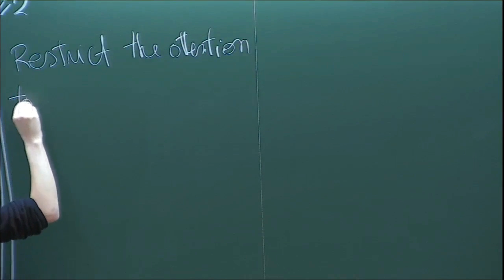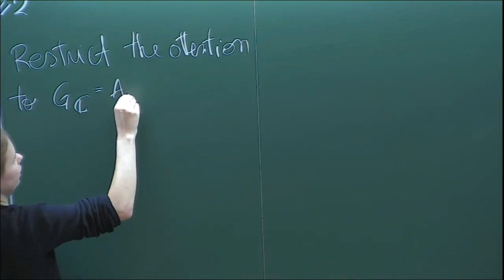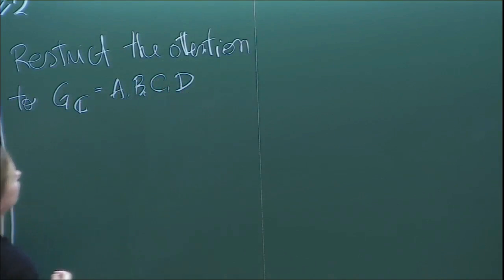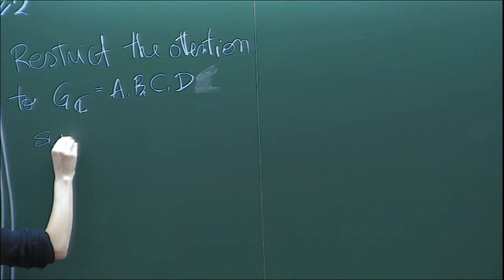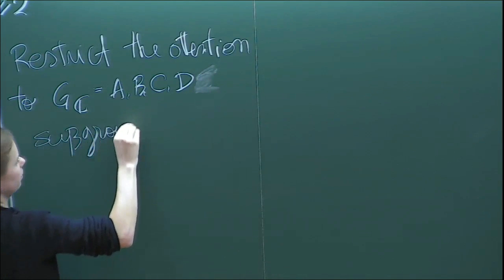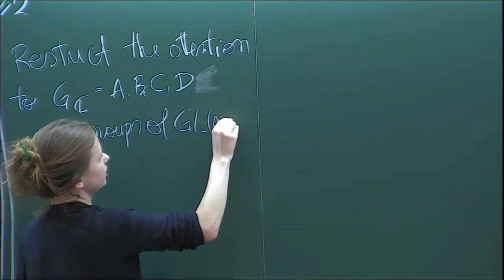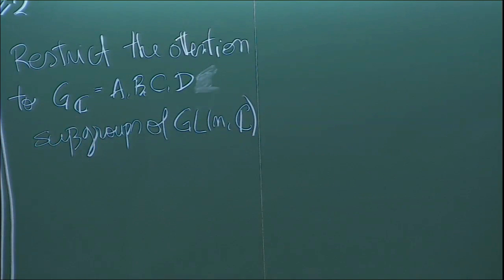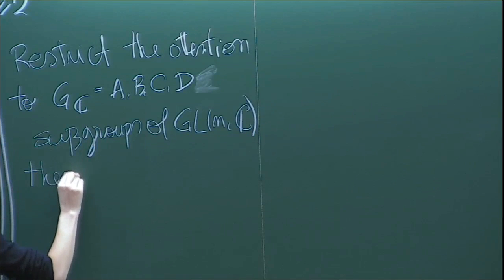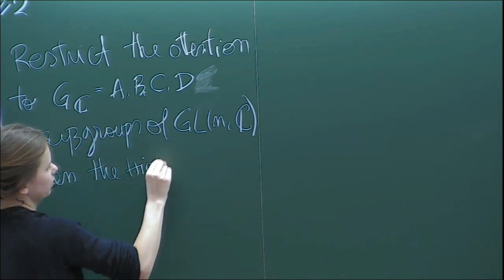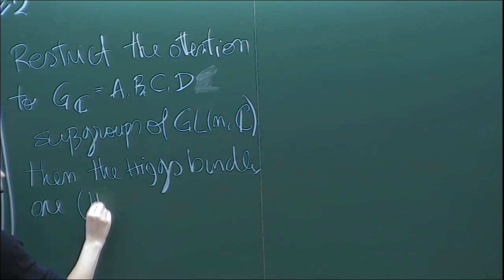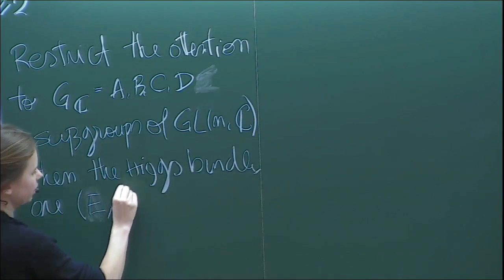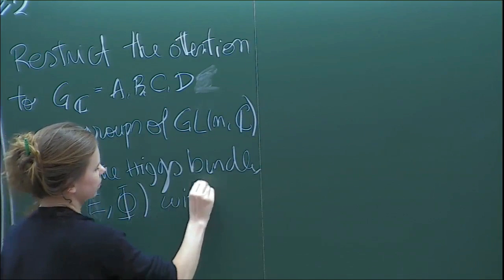Today, and also the next 2 lectures, we're going to restrict attention to G_C of type A, B, C, or D. So these are subgroups of GL_n(C). And so what we saw yesterday is that then the Higgs bundles are really classical pairs (E, phi) with extra structure.